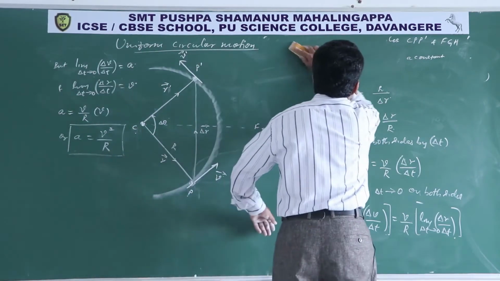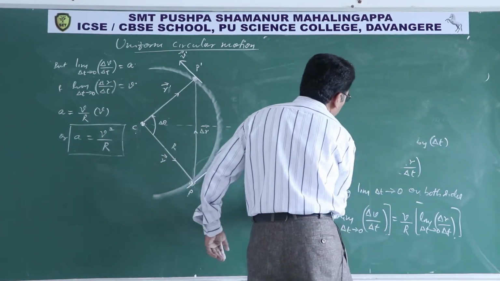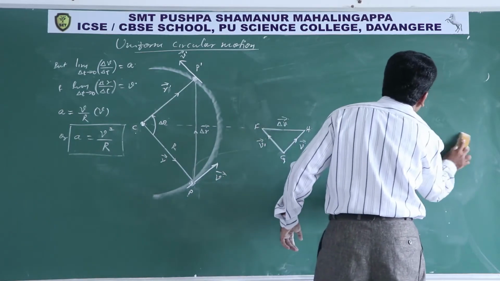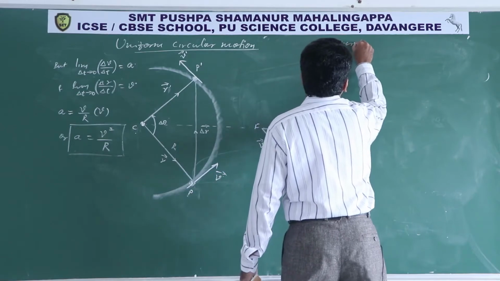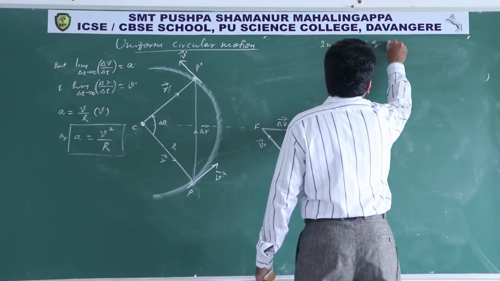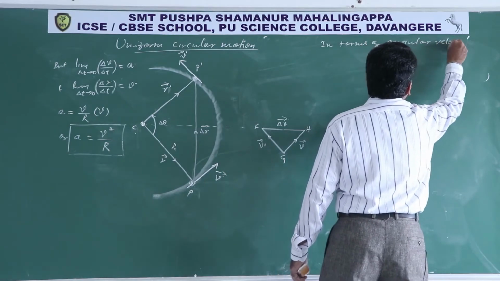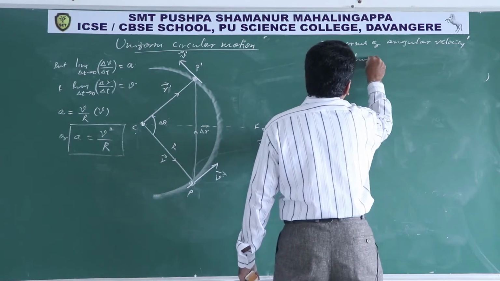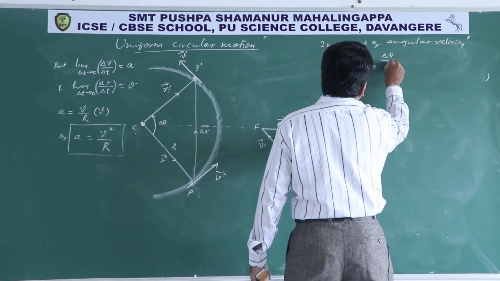Therefore, in terms of angular velocity, omega is equal to limit delta t tending to 0, delta theta by delta t.